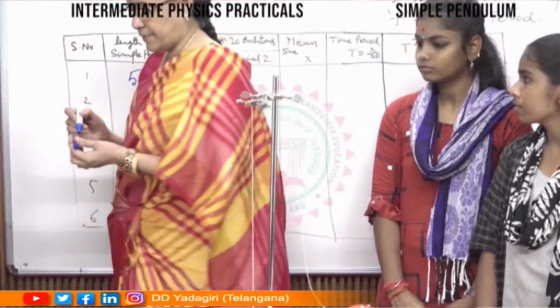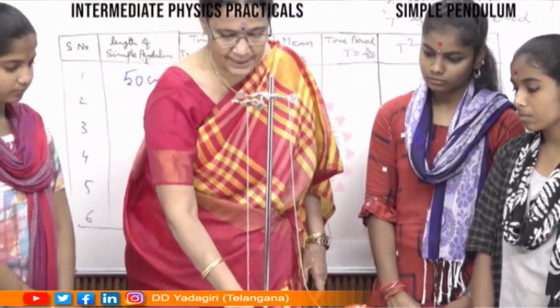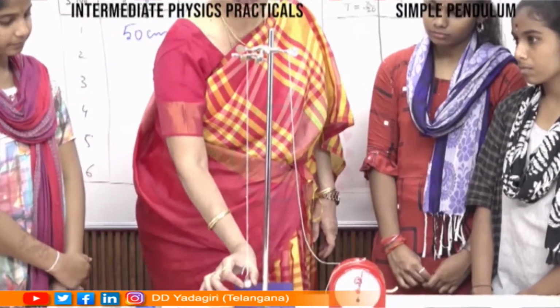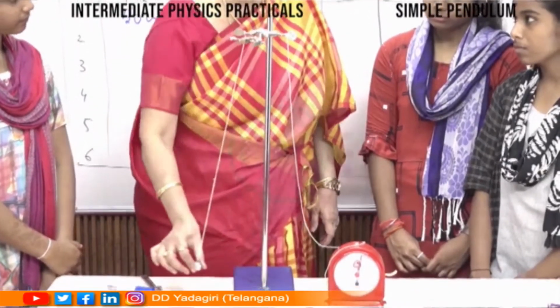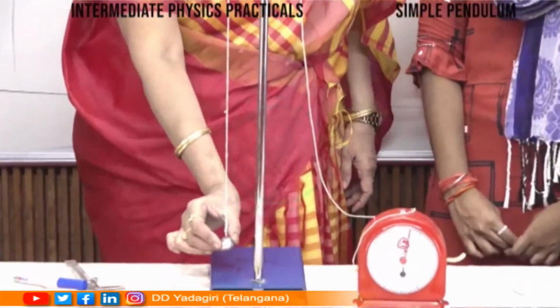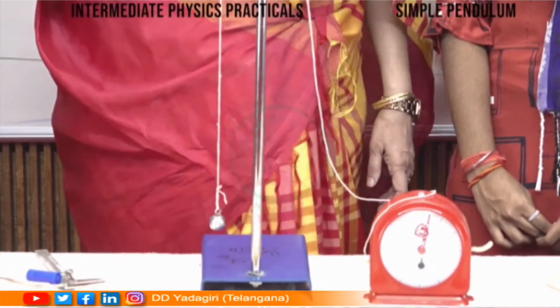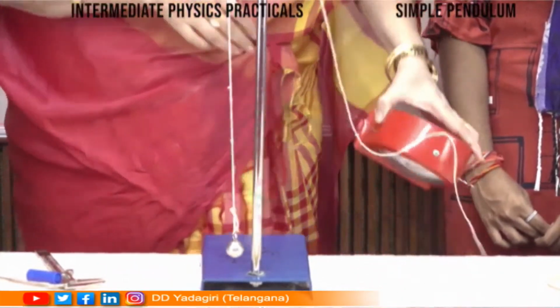Now, what I do, I set it into oscillatory condition. This is how you have to hold the bob. Don't just let it oscillate in round and round motion. Just hold it with your 2 fingers and leave it. That much is enough. It is making oscillations.